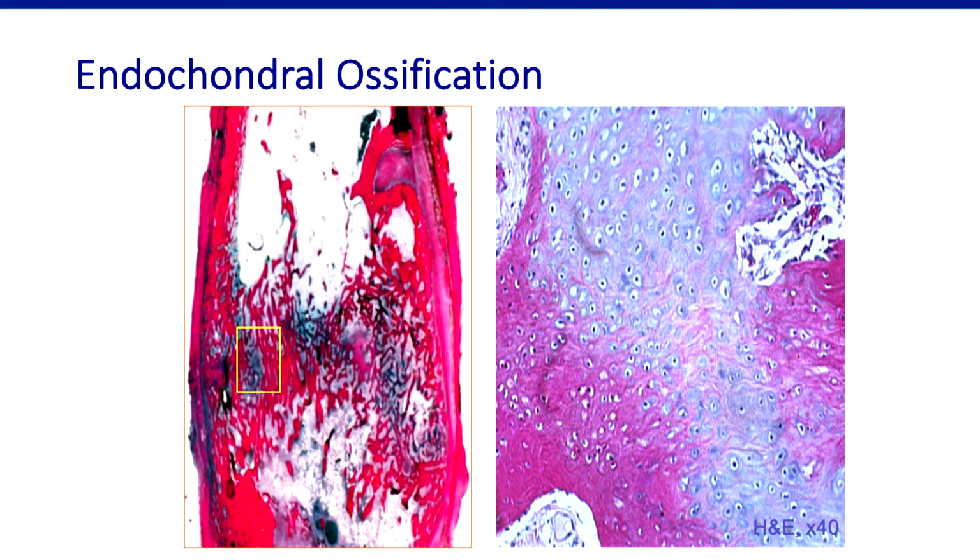But when you look at portions of the regenerate, you can see in some portions the chondroid tissues are forming. And you can see the chondroblasts there that are believed to be there as a result of less vascularization, less oxygenation of the tissues, so it goes through the cartilaginous stage and then it forms into the bone.